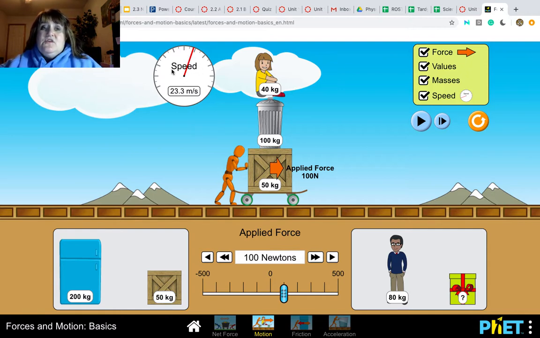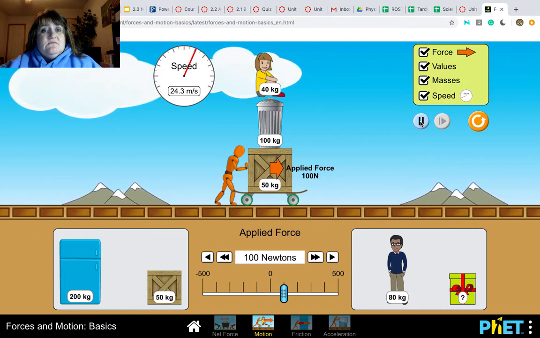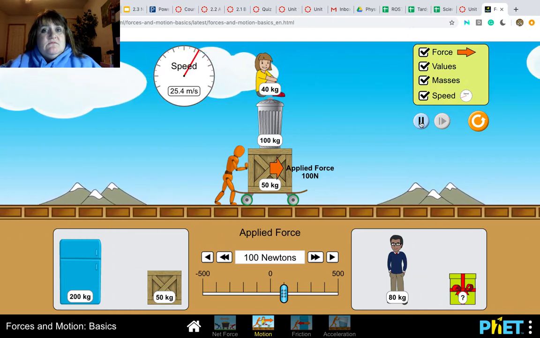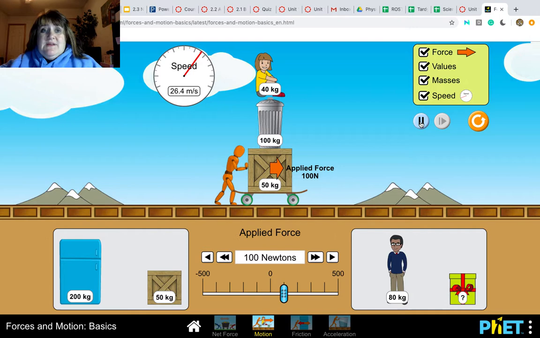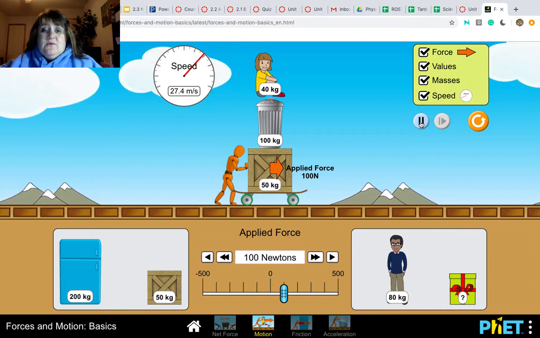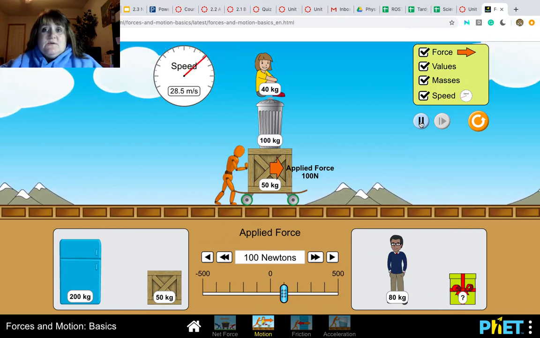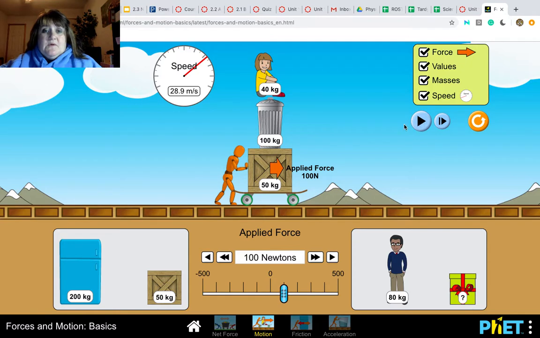Is it going to slow down? Or is it going to go at a constant speed? Let's find out. Looks to me like it's still going, but just not as fast as it was before.